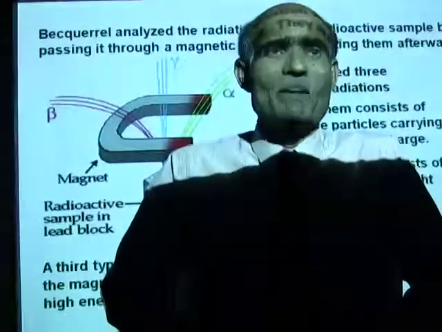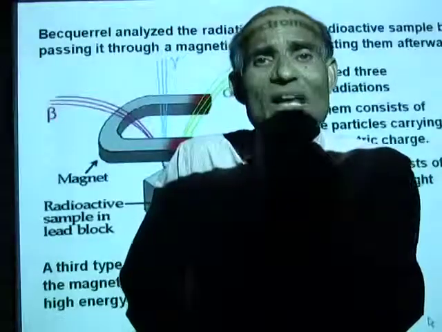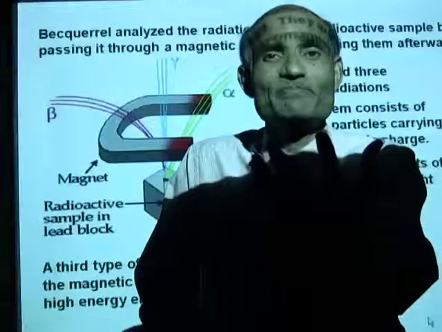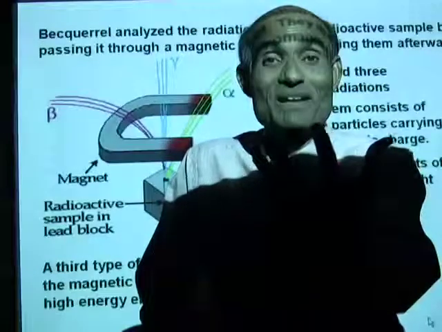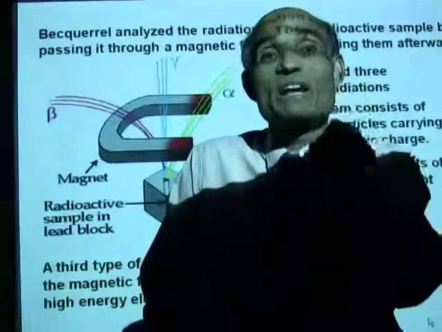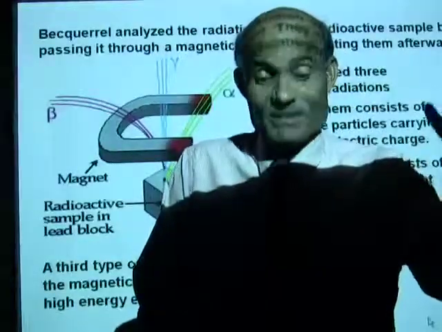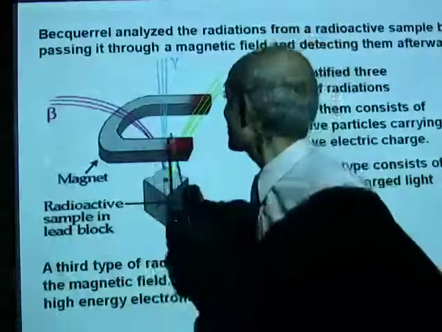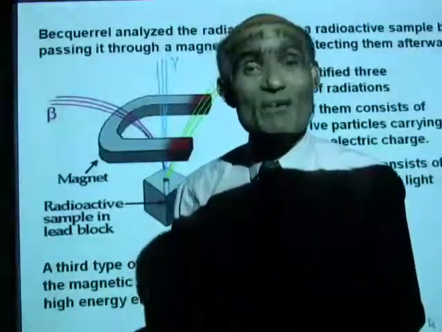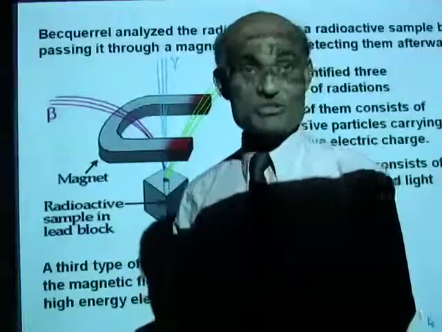Give me the names of a couple of those. Well, very high energy electromagnetic radiations are X-rays and gamma rays. In fact, these radiations emitted as a result of radioactivity are actually gamma radiations.